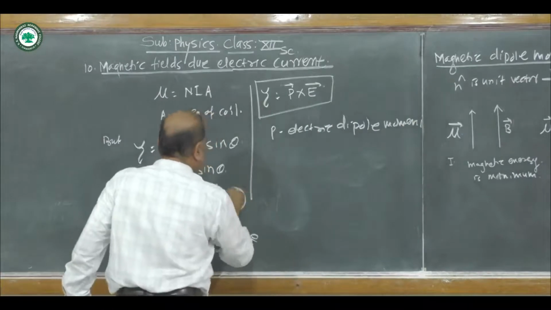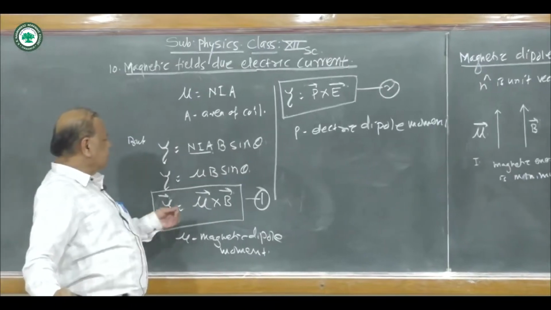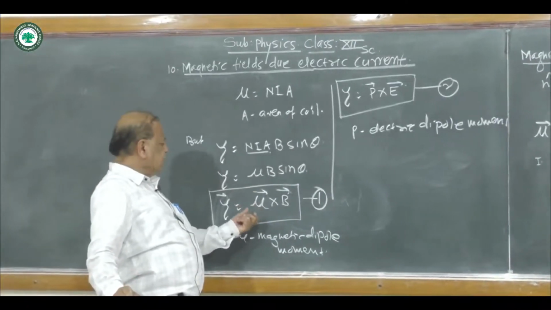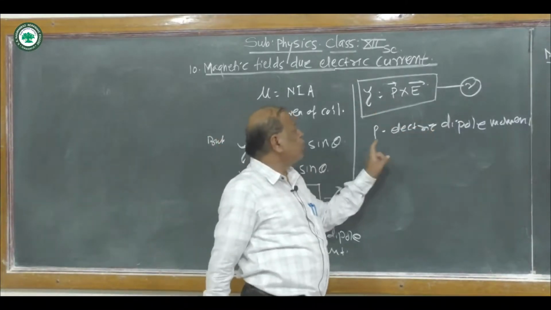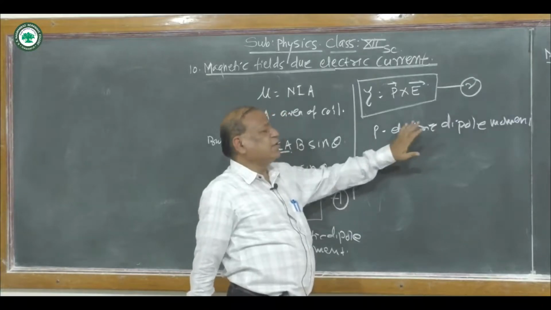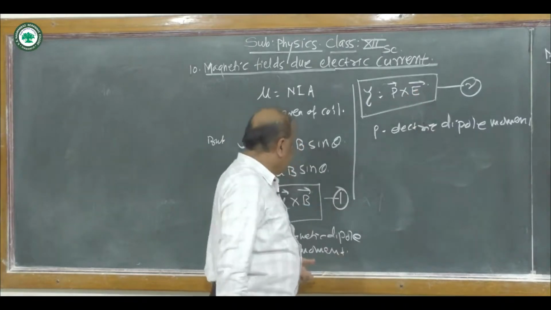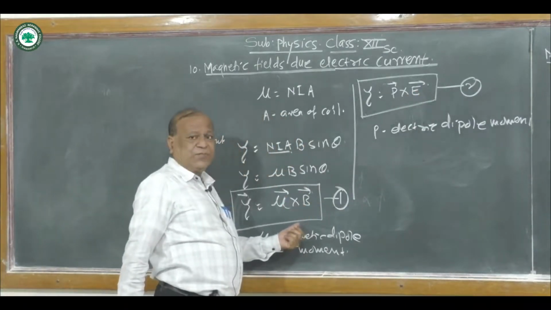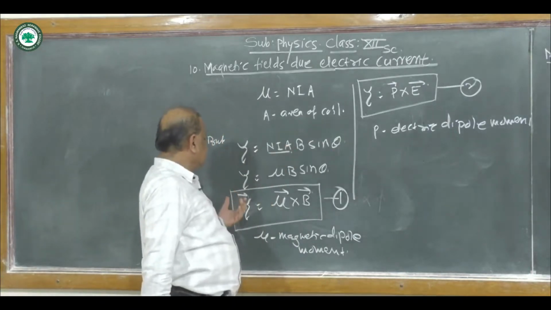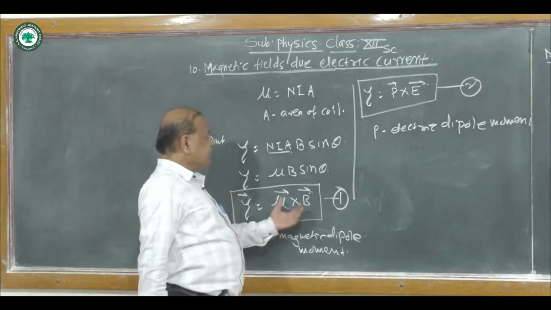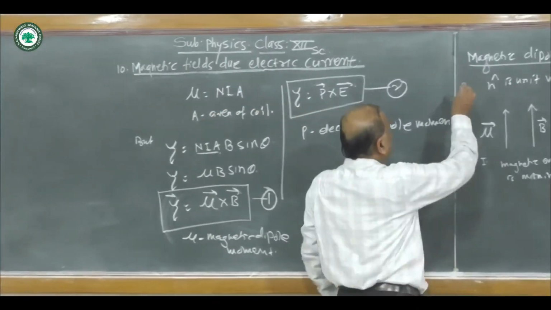Now comparing this equation 1 and equation 2, what is analogous here? The magnetic dipole moment in a magnetic field is analogous to the electric dipole moment in an electric field. Okay, and now here electric field E is analogous to magnetic field B. In this way we can compare the torques produced by a magnetic dipole moment and the torques produced by an electric dipole moment.